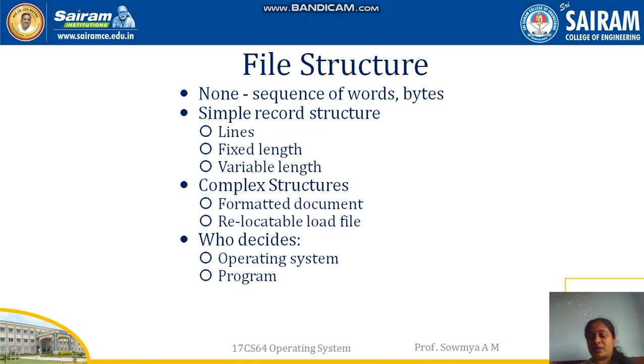So the operating system decides how to store and maintain them, let it be simple records or complex structures. The operating system, and the programs or device drivers responsible for disk management, will decide how to structure the files.